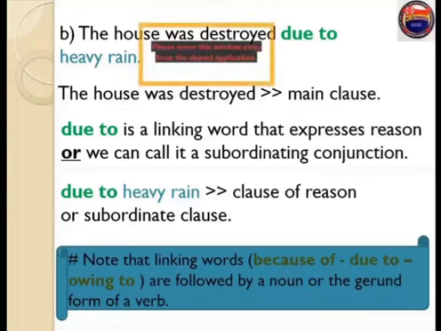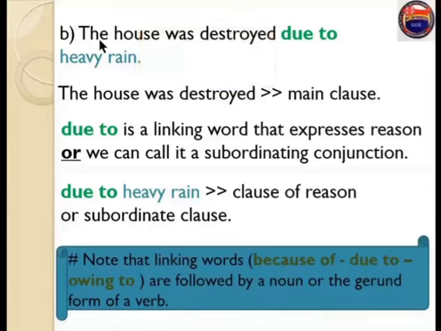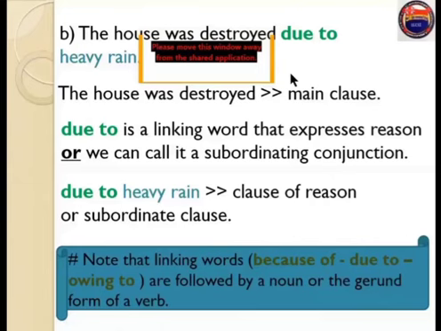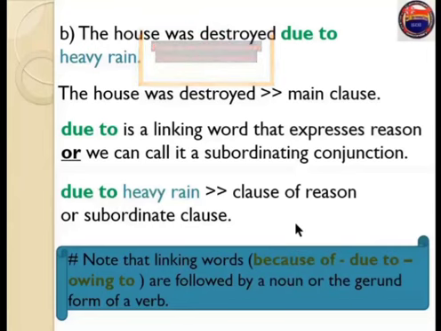Gerund means the verb plus ing. So here, due to heavy rain, rain is the noun and we just add the adjective heavy to describe it. So after due to, because of, owing to, only use a noun or a gerund.